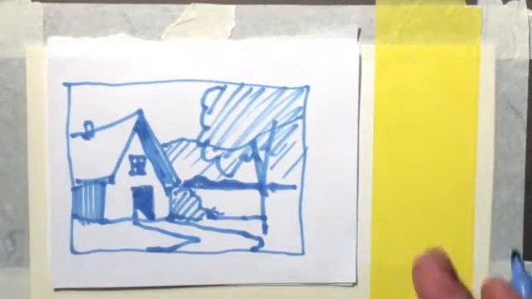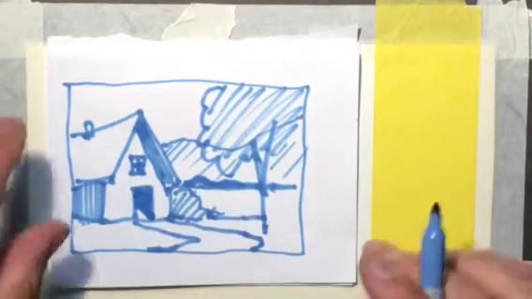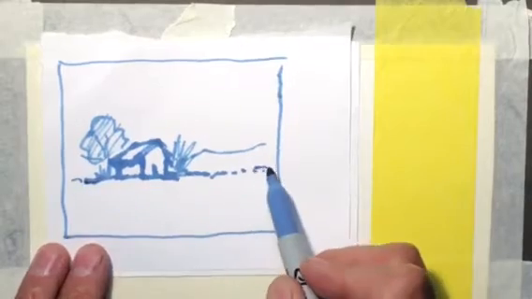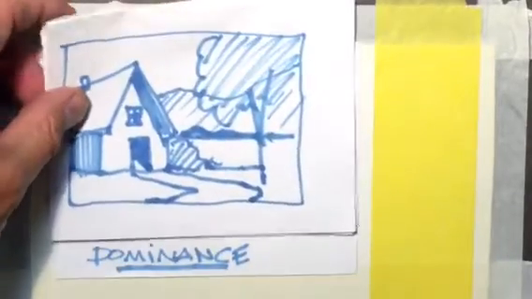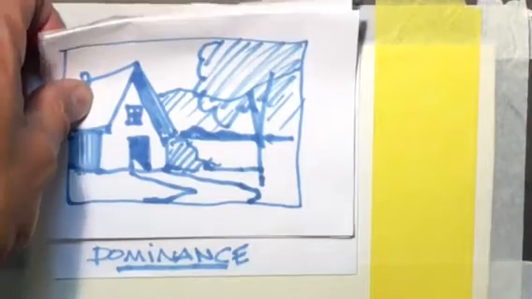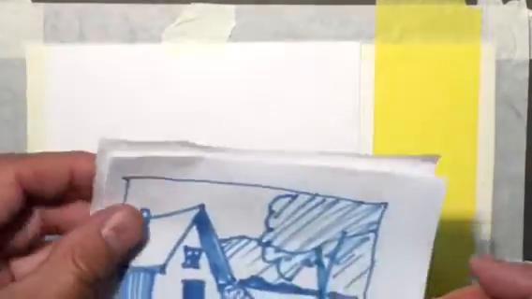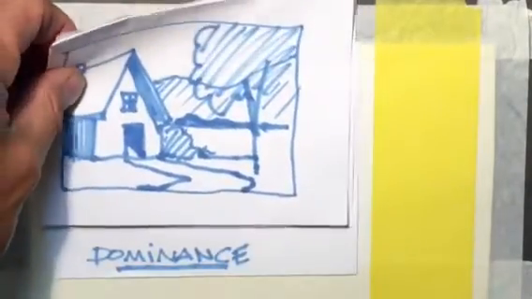And sometimes you may not want to have a dominant painting like this. You might want to have a more relaxed, subdued painting. So this is fine as well. Dominance would be another tool in your toolbox of watercolor design to change the format of your painting and your design to suit a certain mood or a certain situation.